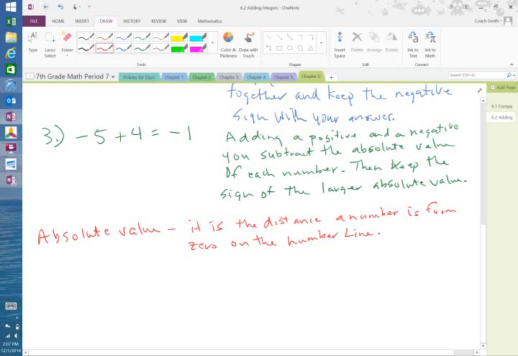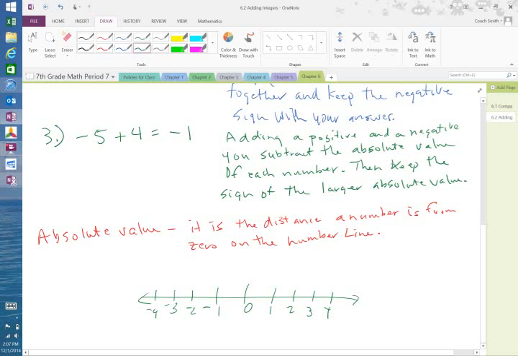If we're starting with what is absolute value, the absolute value is the distance a number is from 0 on the number line. So, for example, if I had this number line here and there's 0, and I have 1, 2, 3, 4, and I have -1, -2, -3, -4.